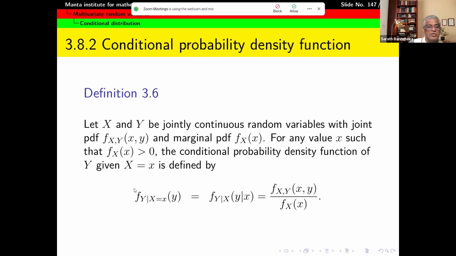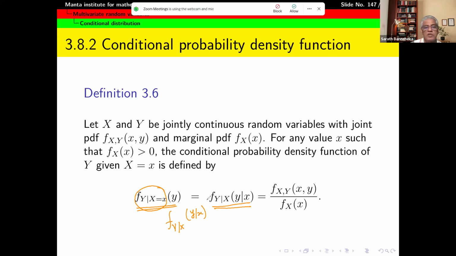So this is again the notation. Here I have actually used the second notation. Remember, sometimes people write this as f of y, vertical stroke, x. Because people use different notations, I have written that down, and sometimes in these notes I have used one or the other depending on convenience.